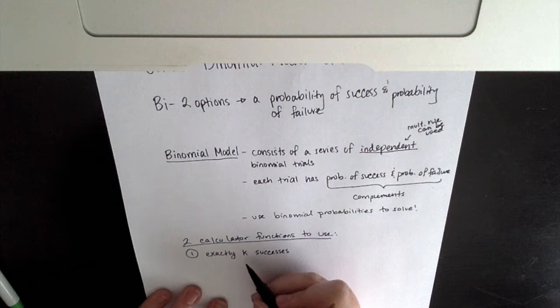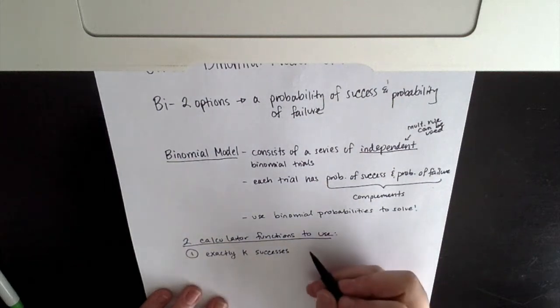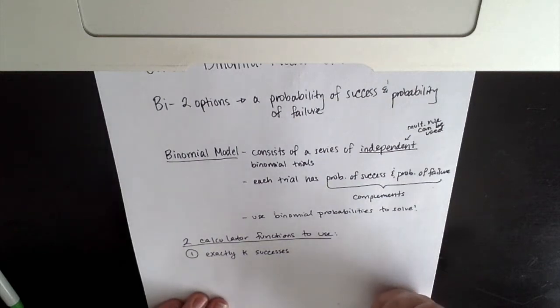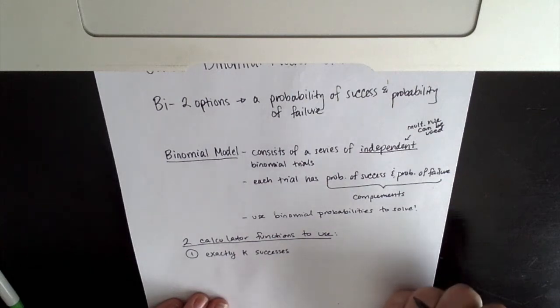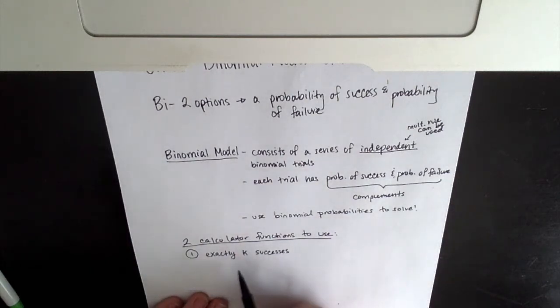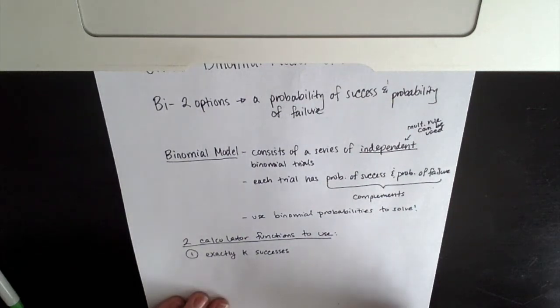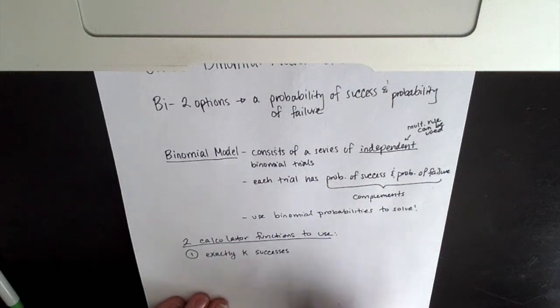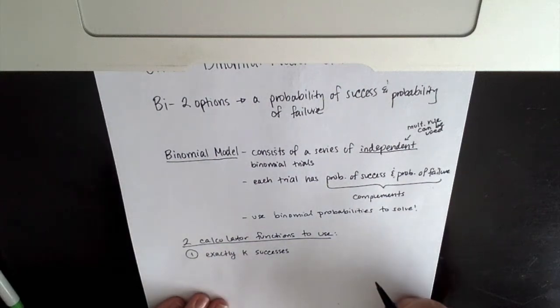So k can be any number here, and when we say exactly k successes, we mean to say, imagine that we are, let's say, rolling a die 5 times. And we want to know the probability of getting exactly 2 ones. So that would be a 2 for k, and the number of trials we'd be doing are 5 because we're rolling the die 5 times.